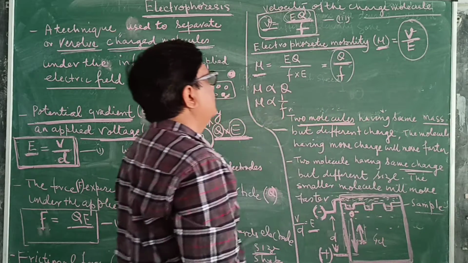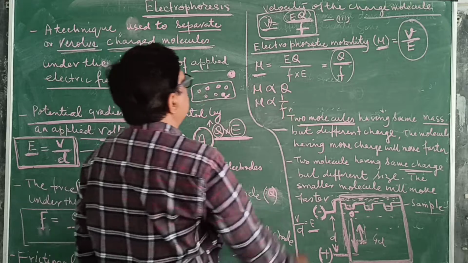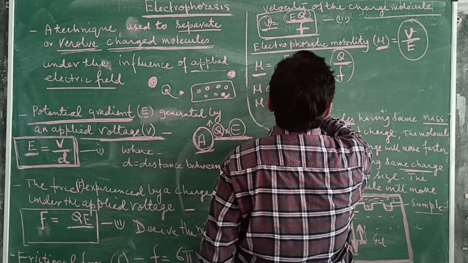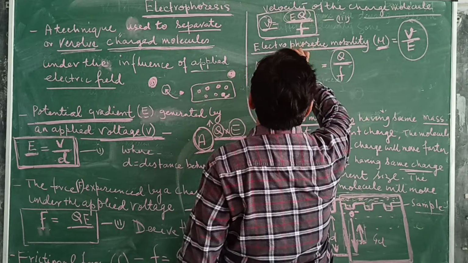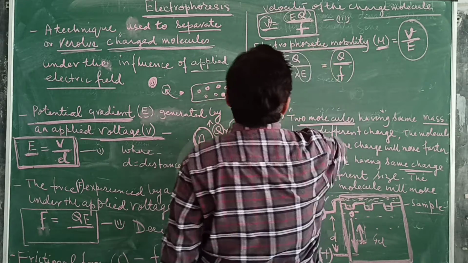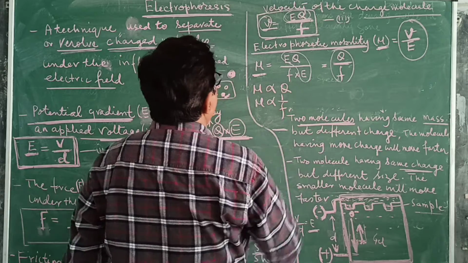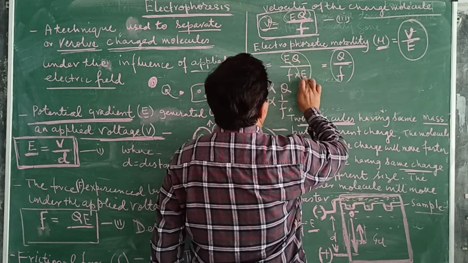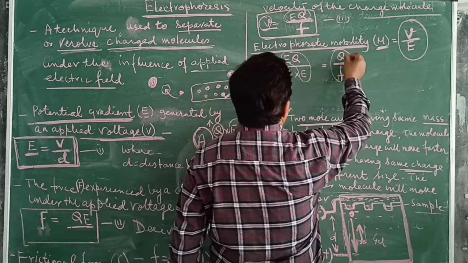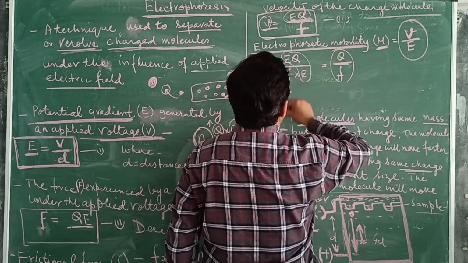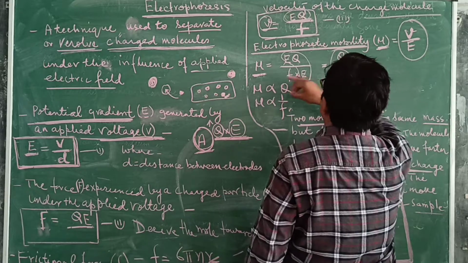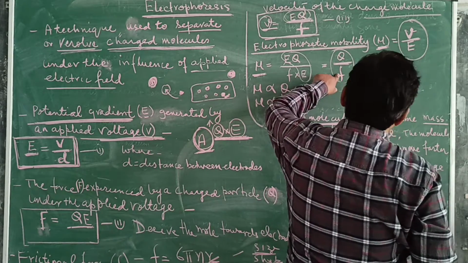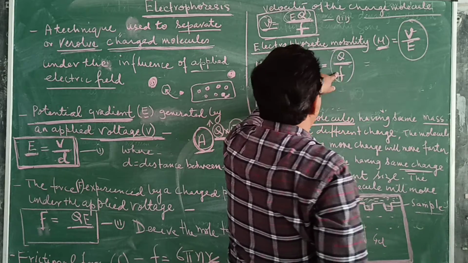So mu is equal to EQ by E into F, because this is V, so V upon E, that means EQ by E into F. This E and this E will be cancelled, and mu is equal to Q divided by F, charge divided by friction force.